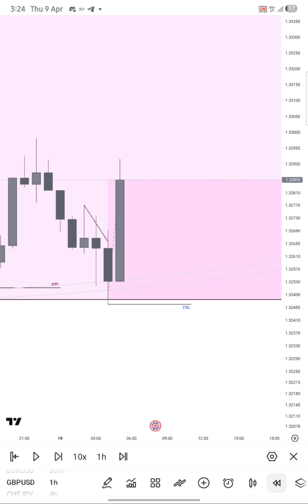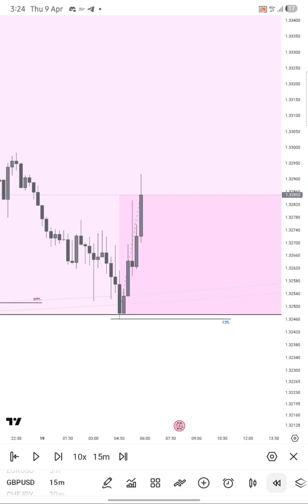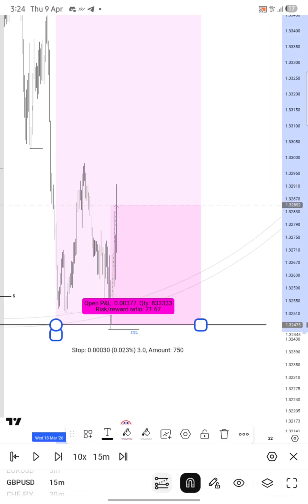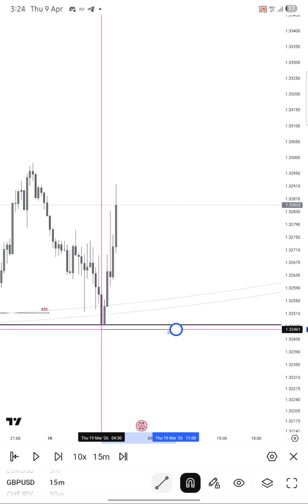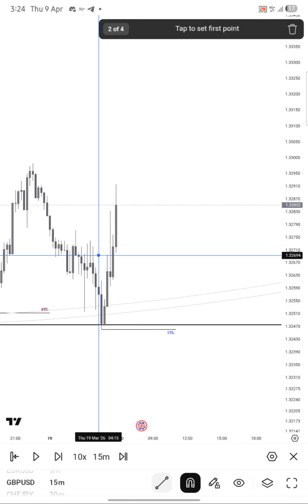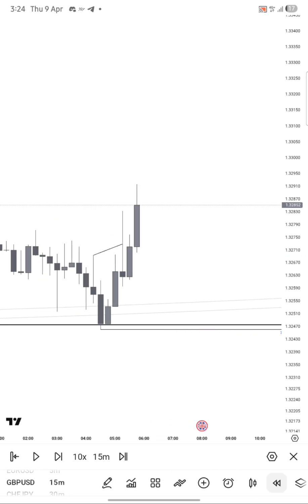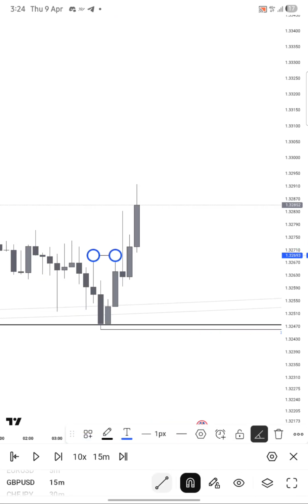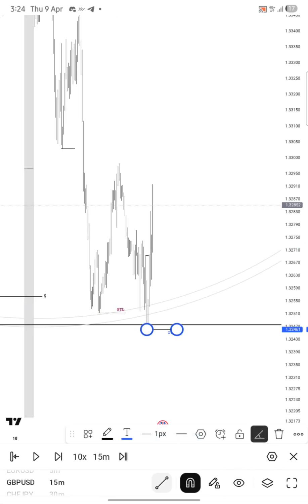So when price takes out this high, let's go to the 50-minute chart. The first swing high around here is the reason for clearing this, creating this low.